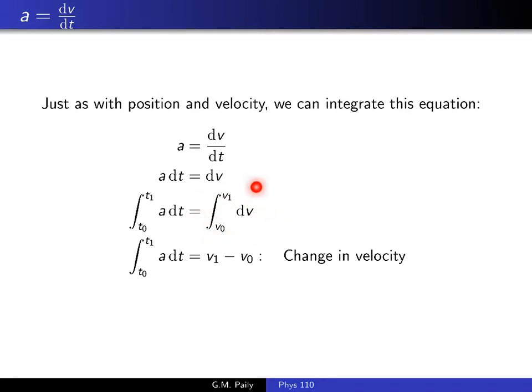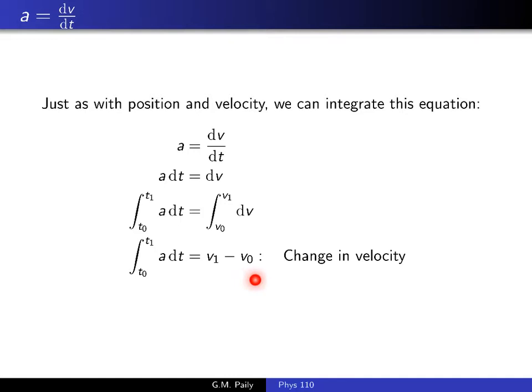This side can be easily integrated to just v1 minus v0, and this side depends on exactly what function of time the acceleration is. However, even without knowing exactly the form of acceleration, we can see that integral a dt is equal to v1 minus v0.